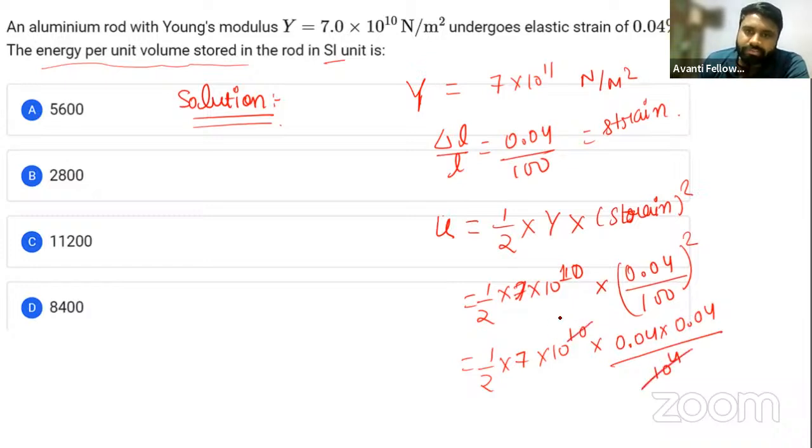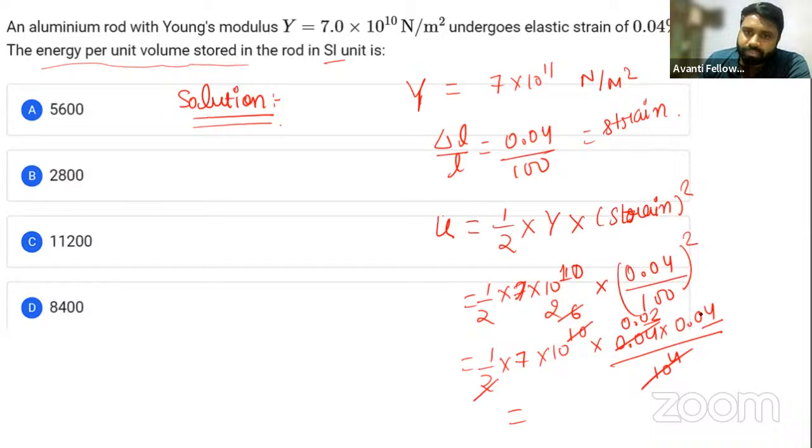This power 4 will cancel out and this power will become 6. Now 2 cancels out this 0.02. These are the 2 minus powers, so this power will become minus 4. They will cancel out again. The power we will have as 2.